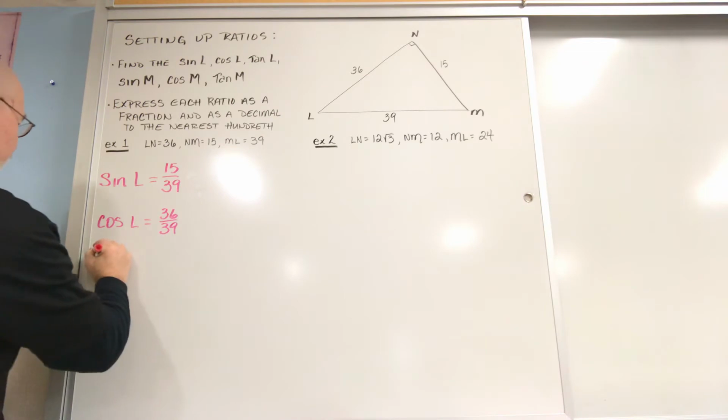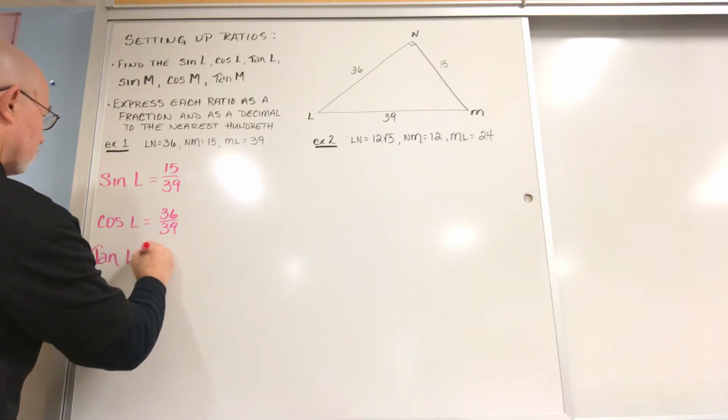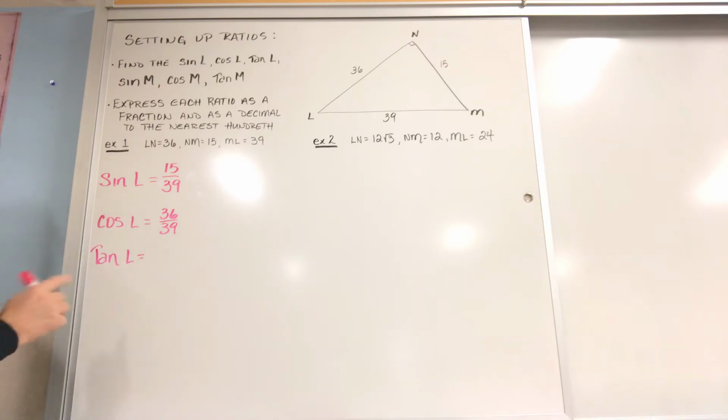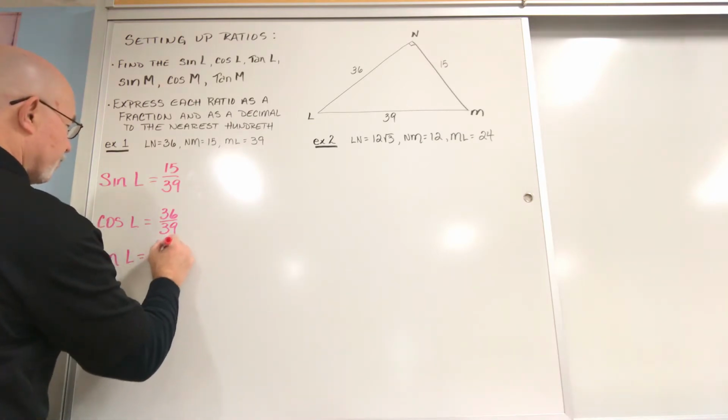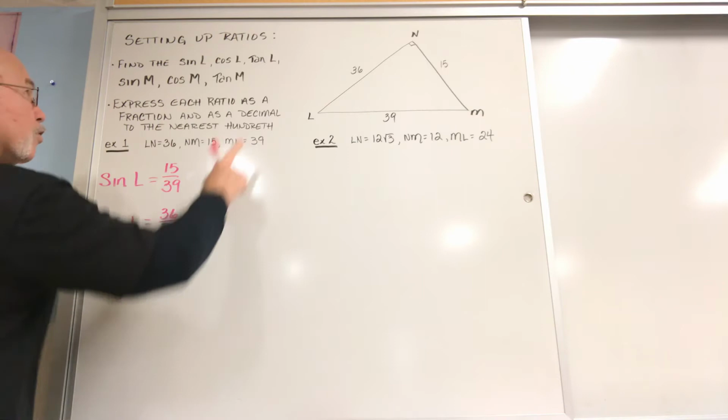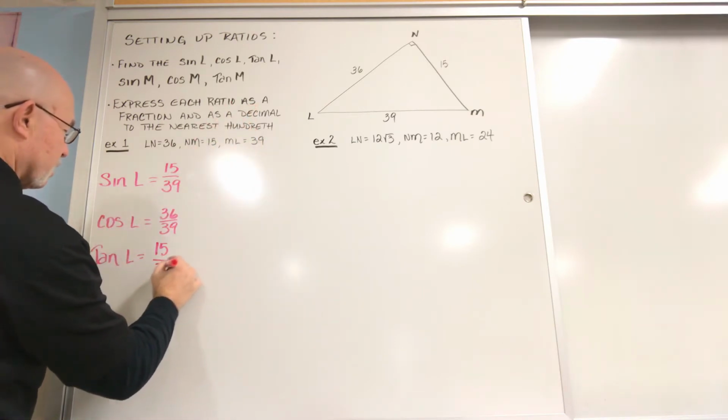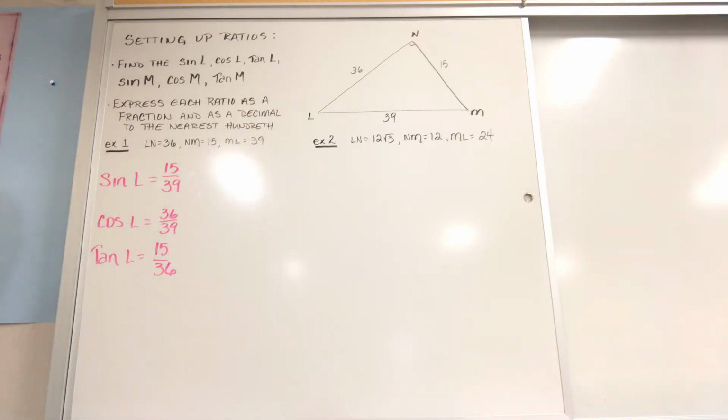The tangent of L is going to equal the opposite leg over the adjacent leg. The sine of L, the cosine of L, the tangent of L.